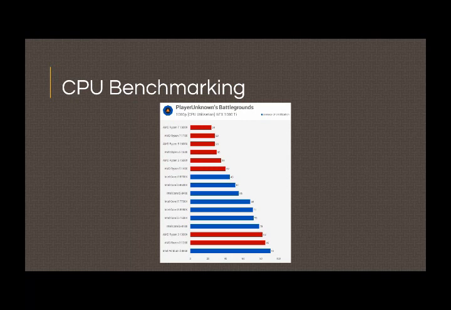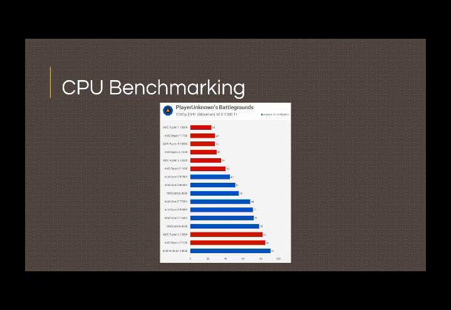Here in this example, we have used a very popular video game, which is PlayerUnknown's Battlegrounds, more commonly known as PUBG. Okay, so in this benchmark, we have played the game on 1080p resolution, and then we have measured the CPU utilization on various different types of CPUs that are in the market today. And the results are shown in this graph.